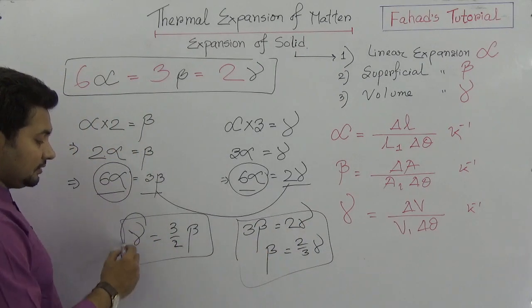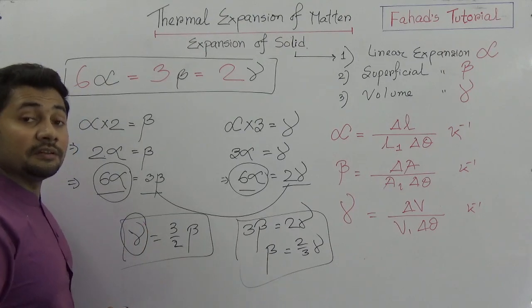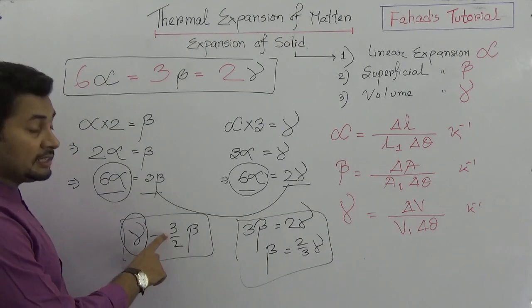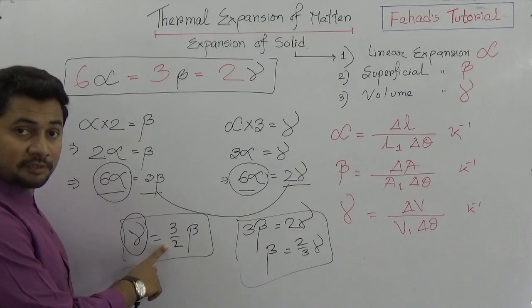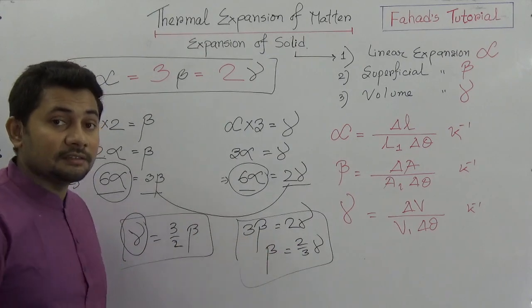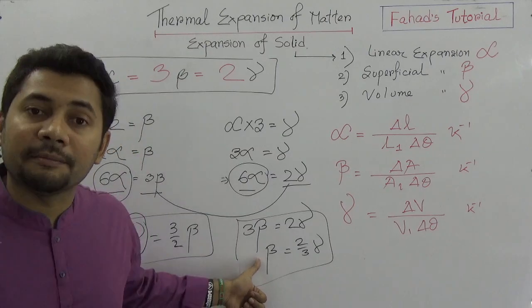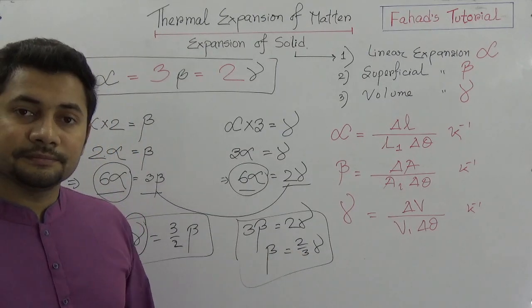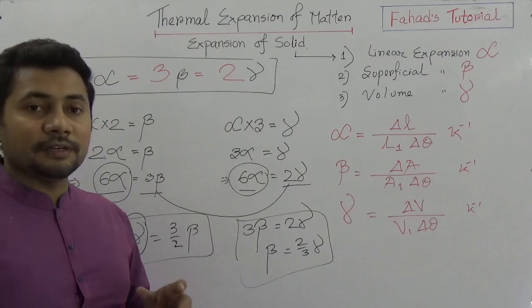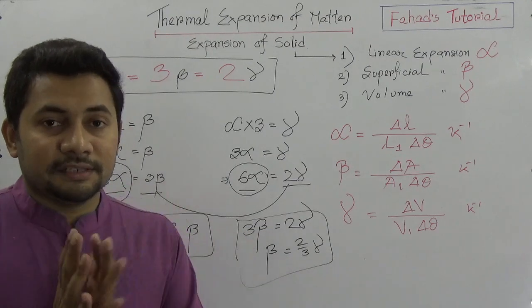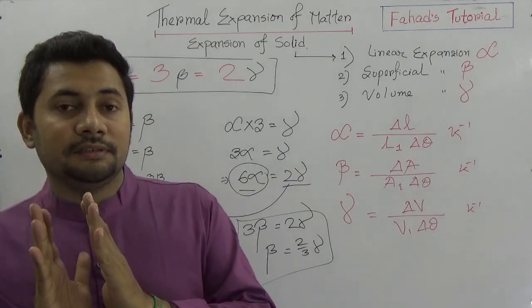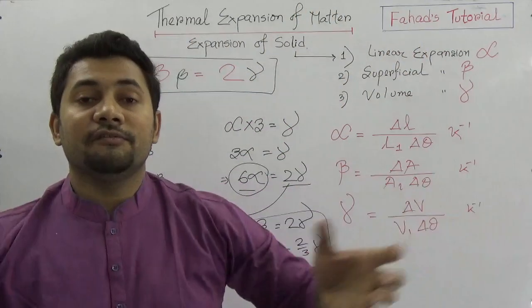Suppose you've got the value of beta but you need the value of gamma, then multiply by 3 by 2, that is 1.5. Or if you got the value of gamma and need beta, then do it the other way. Okay? So hopefully I can make you understand the thermal expansion of matter.